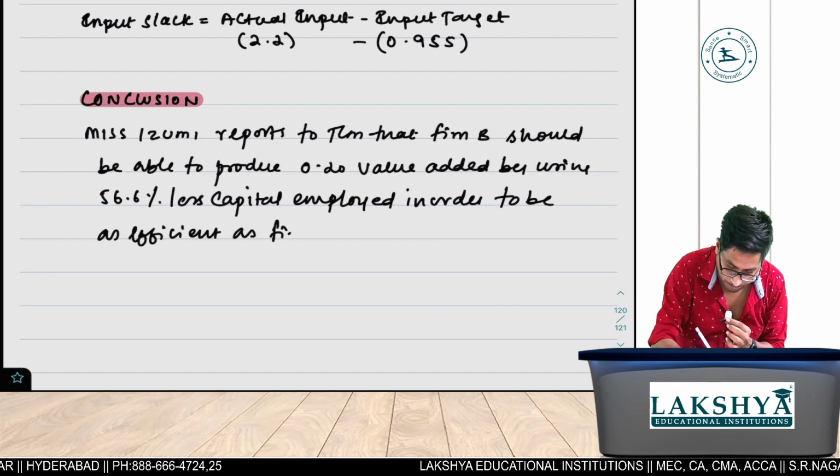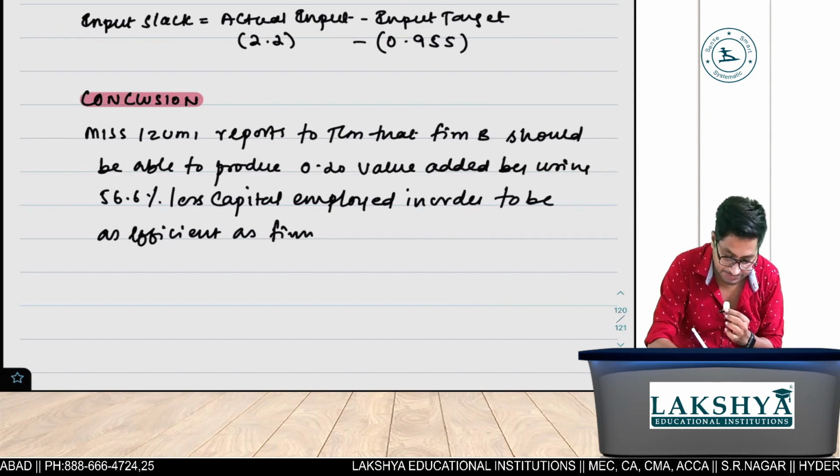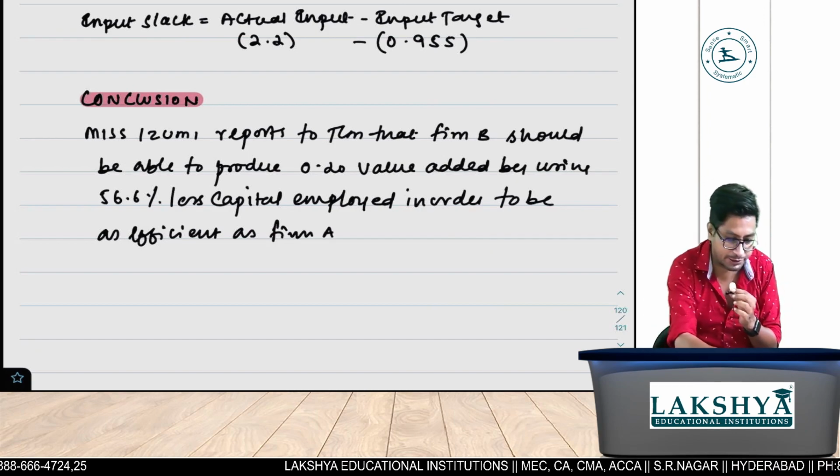As firm A. If I want to be as efficient as firm A, then I should reduce my input by how much?